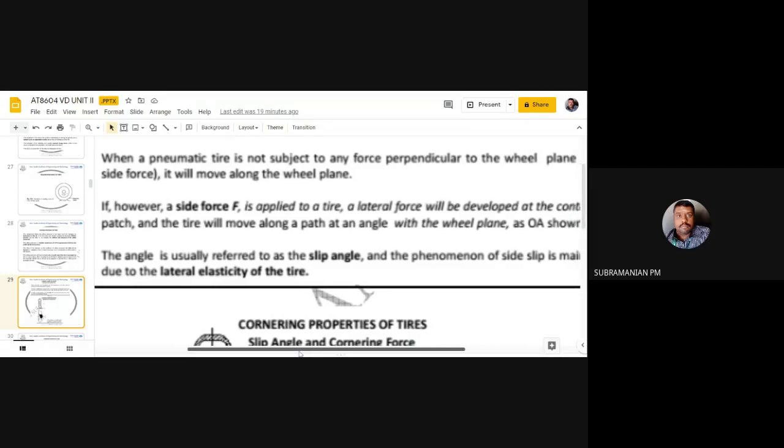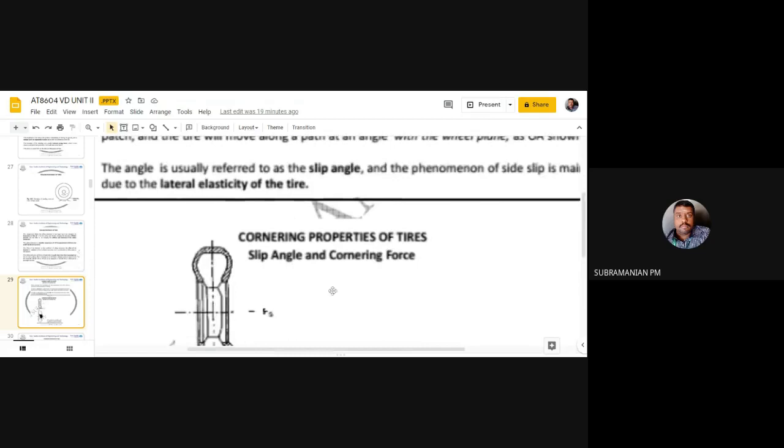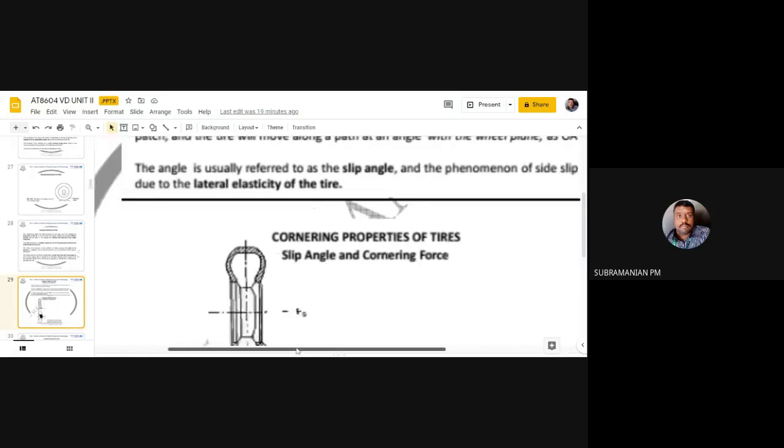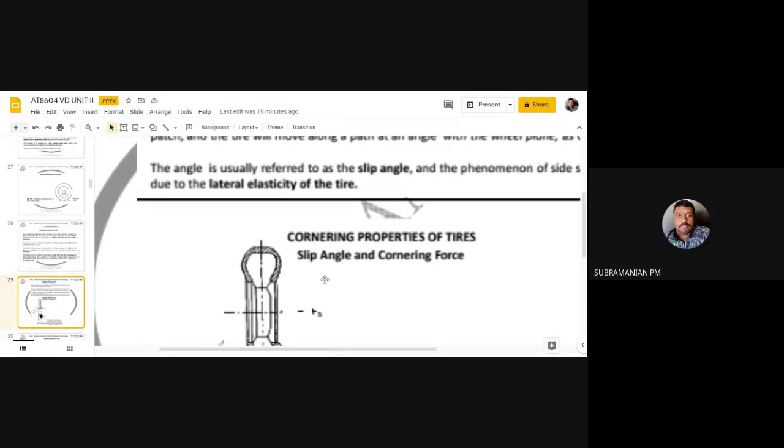And I can say this term as side slip because the tire is getting a slip in the side direction. And mainly why is it coming? Due to lateral elasticity of the tire. This is an elastic property, so whenever force acts, it will deform. So due to this only we are getting slip.